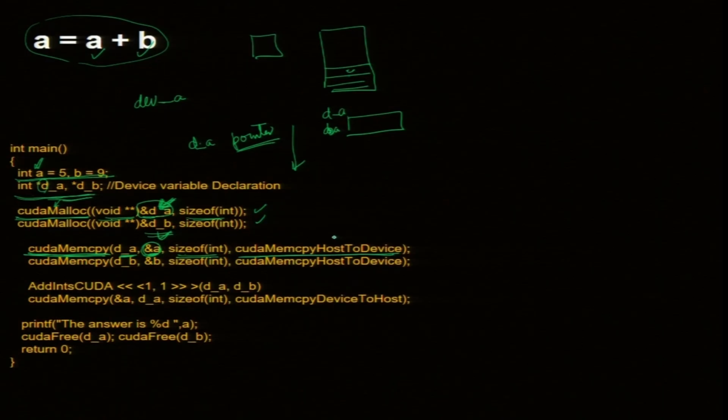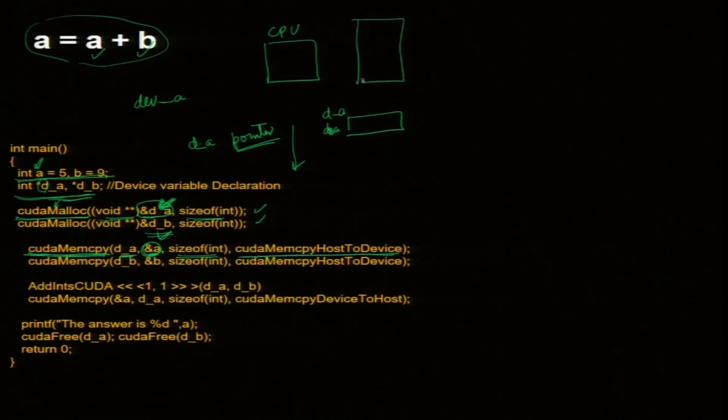So, what is it doing? Let us make this picture nicely. This is CPU and this is GPU. GPU has a memory, there are many cores, and the CPU also has a memory. Well, not CPU, but my host has a memory. Let us call it host, not CPU.